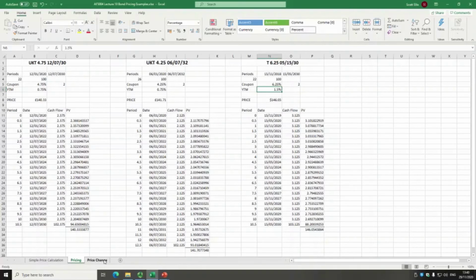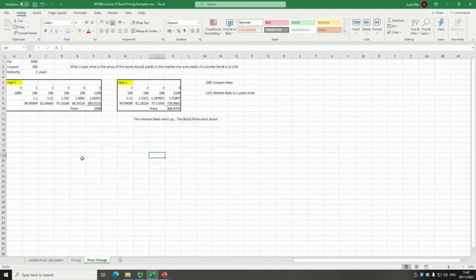So let's have a look at the secondary market now. So I've got, again, a similar example. So I've got a bond that pays a coupon of £100 and the par value is 1,000, therefore the coupon's 10%.